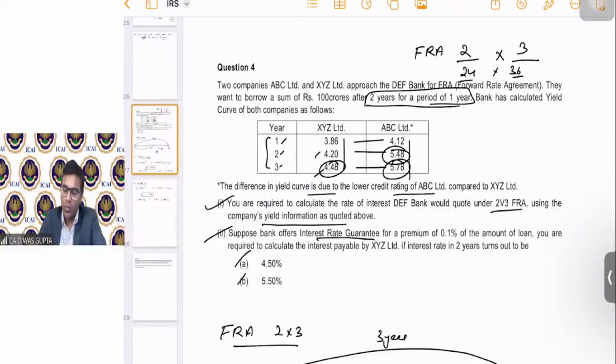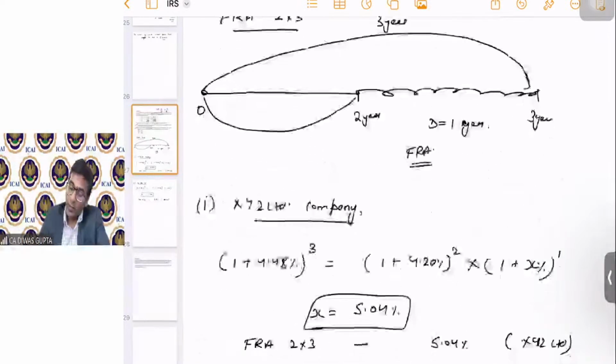Yes, now the second part, it says that suppose bank offers interest rate guarantee for a premium of 0.1% of the amount of loan. You are required to calculate the interest payable by XYZ Limited if the interest rate in 2 years turns out to be. So first of all, at what rate the bank will offer a guarantee to XYZ?